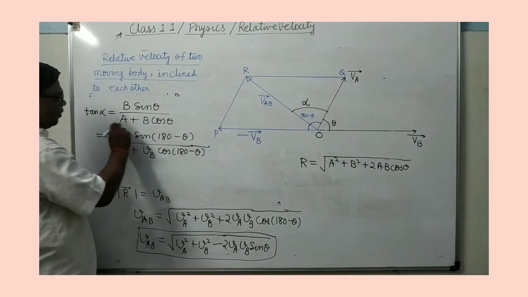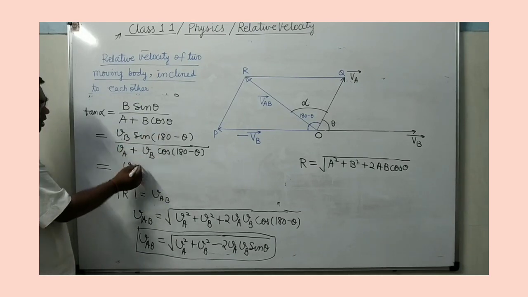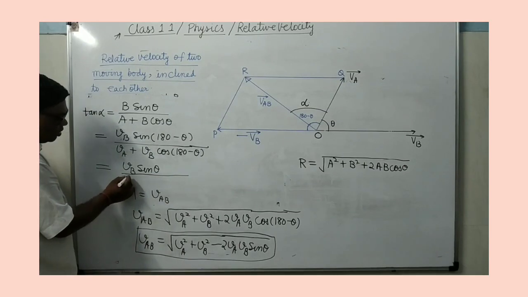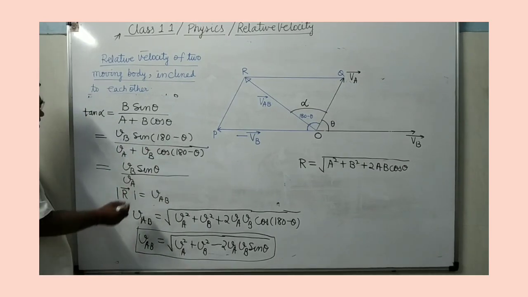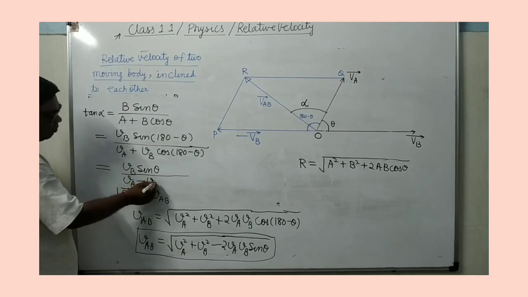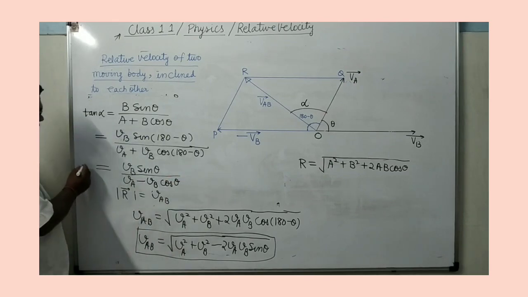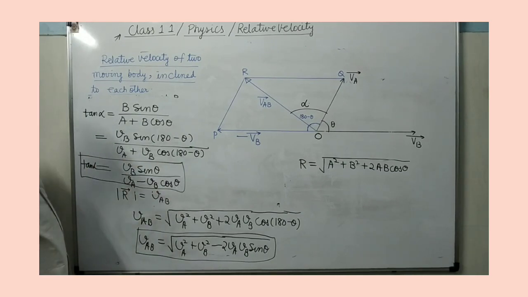When you simplify, sine 180 minus theta is sine theta, so VB sine theta, upon, cos 180 minus theta is minus cos theta, so VA minus VB cos theta. This is equal to tan alpha. So in this way you can find the direction.